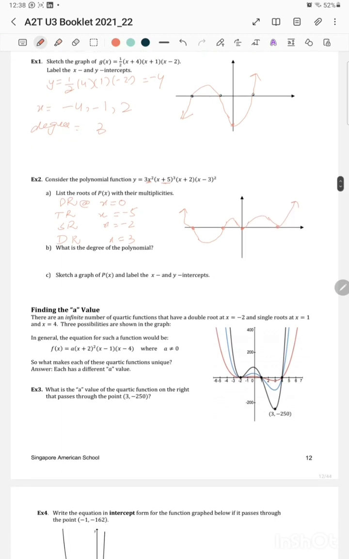Which is, what is the degree of the polynomial? Sketch the graph of p of x and label the x and y intercepts.